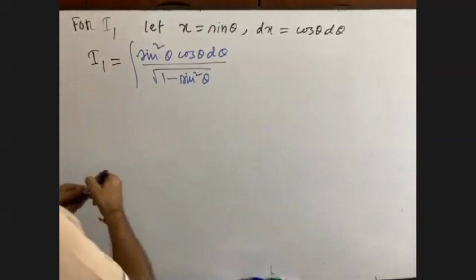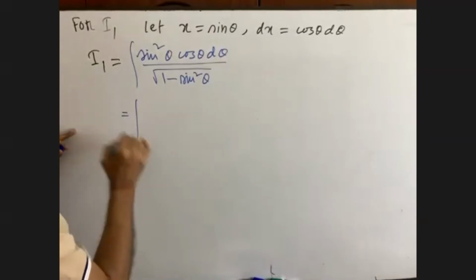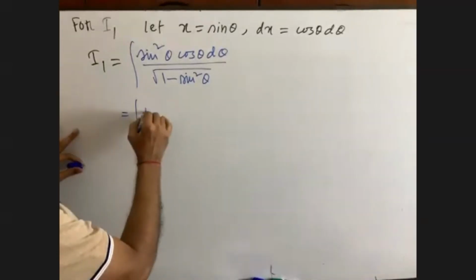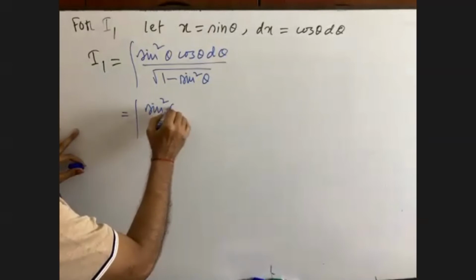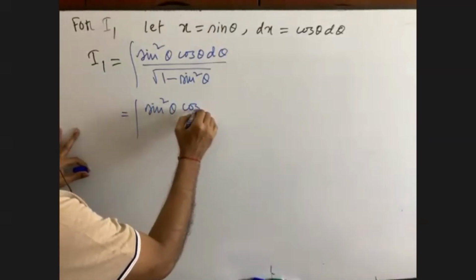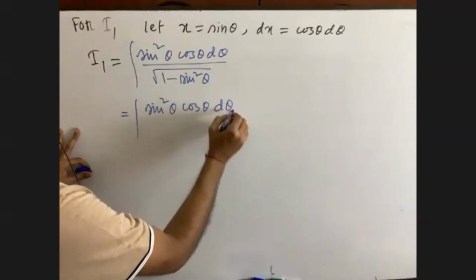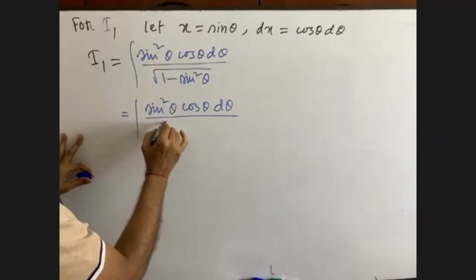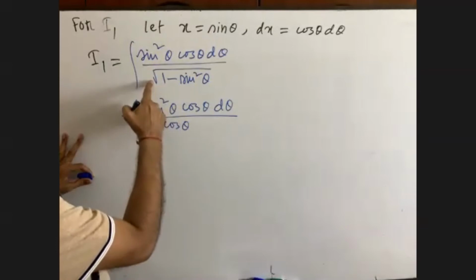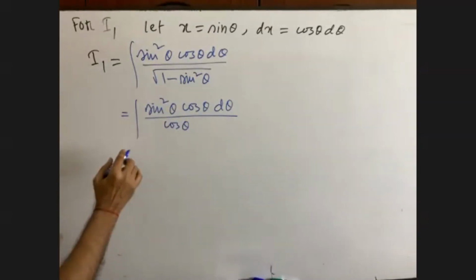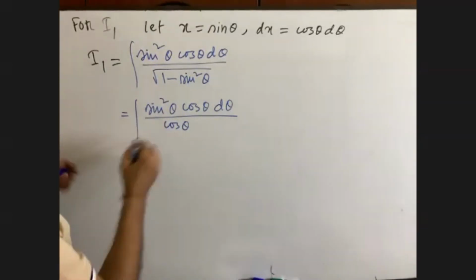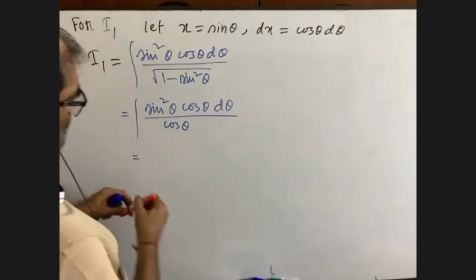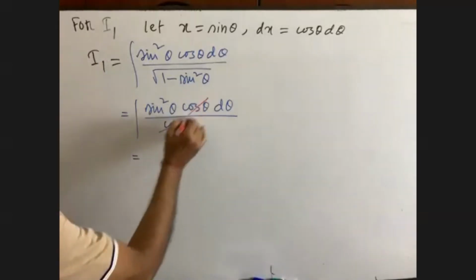Okay. That is, we are getting here sine square theta cos theta d theta by cos square theta. So it will be only cos theta as it is a square root. And we are getting cos theta cancel. Actually, we are done now.